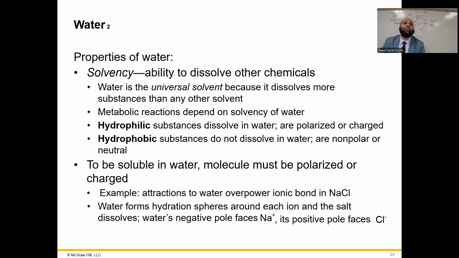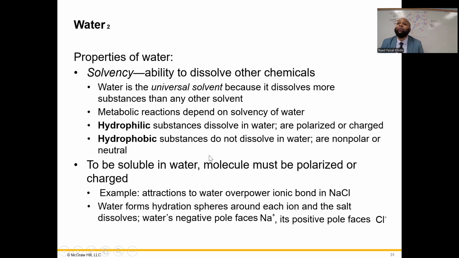If you are a salt, you are polar, you dissolve in water. Proteins with polar amino acids dissolve in water. But hydrophobic, like you guys said, oil does not dissolve in water because it is hydrophobic. So to be soluble in water, a molecule must be polarized or charged.